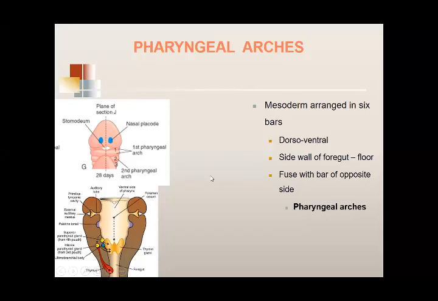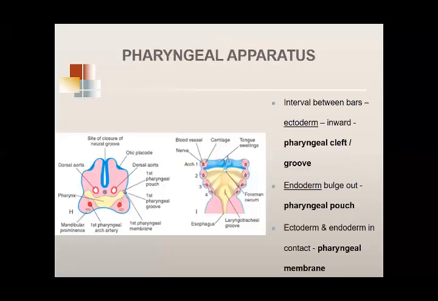Okay, moving ahead, still continuing with the pharyngeal apparatus. I told you that in between your fingers you have gaps. So imagine that your fingers are condensed mesenchyme. They are the pharyngeal arch. The gap between your fingers is loose mesenchyme.